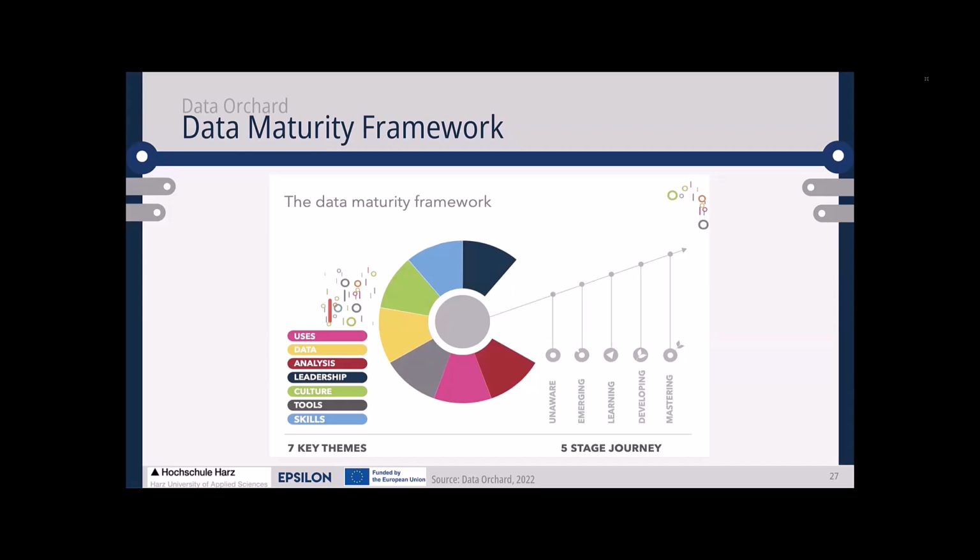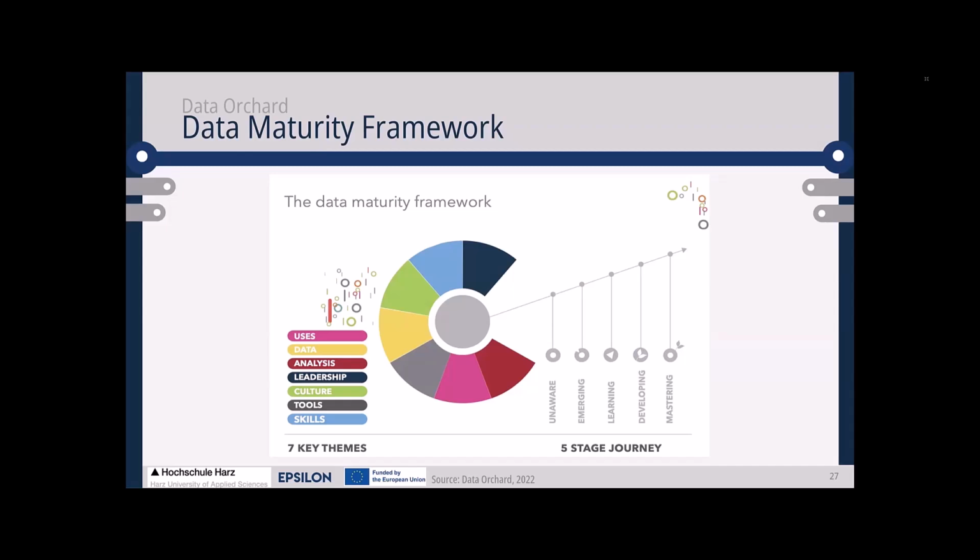Then there's the leadership. So is there any strategy in line? Is there any person in charge of the data itself or of working with data? So is there any person in the organization who is aware of the data? And then there is the culture. So what is the data culture?